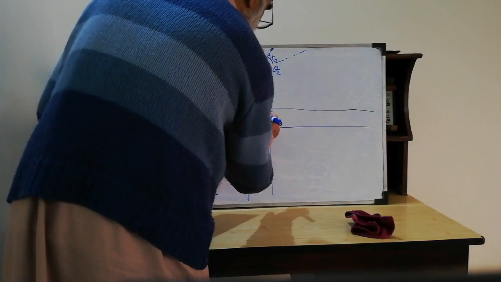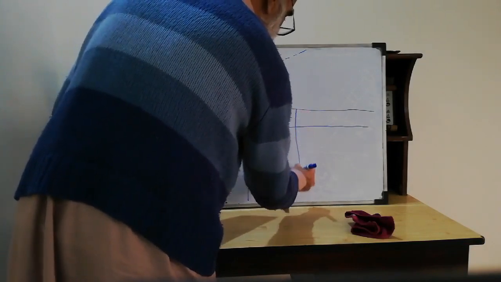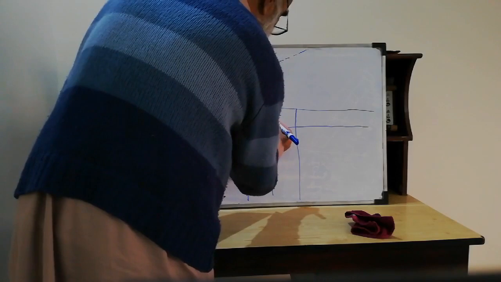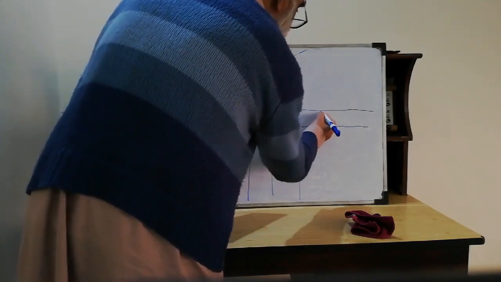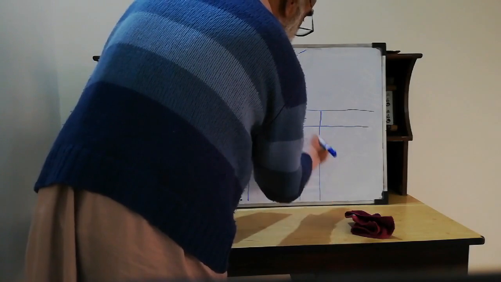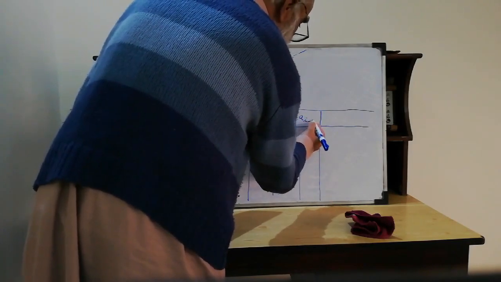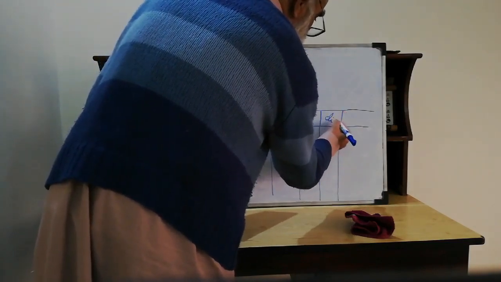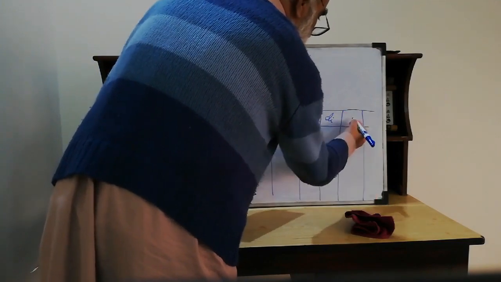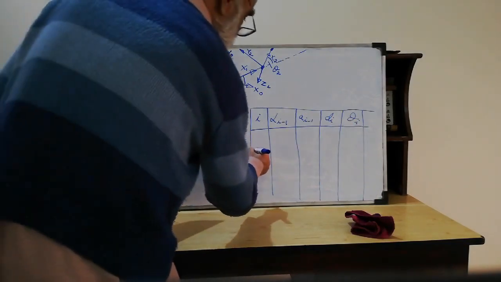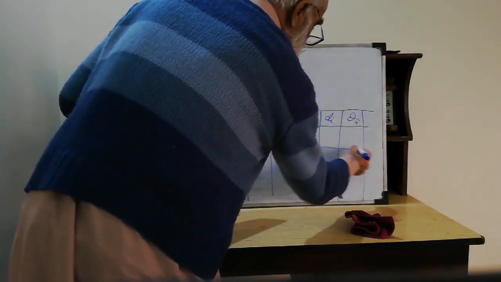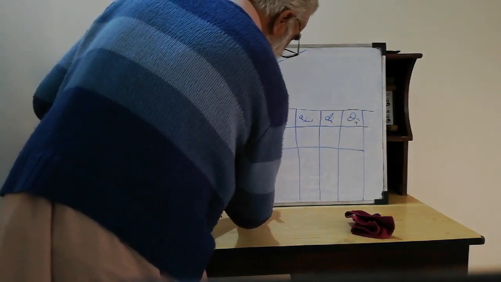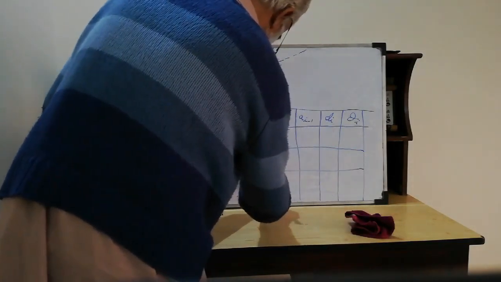This is i, this is alpha i minus 1, a i minus 1, di and theta. So we have 1, 2 and 3.